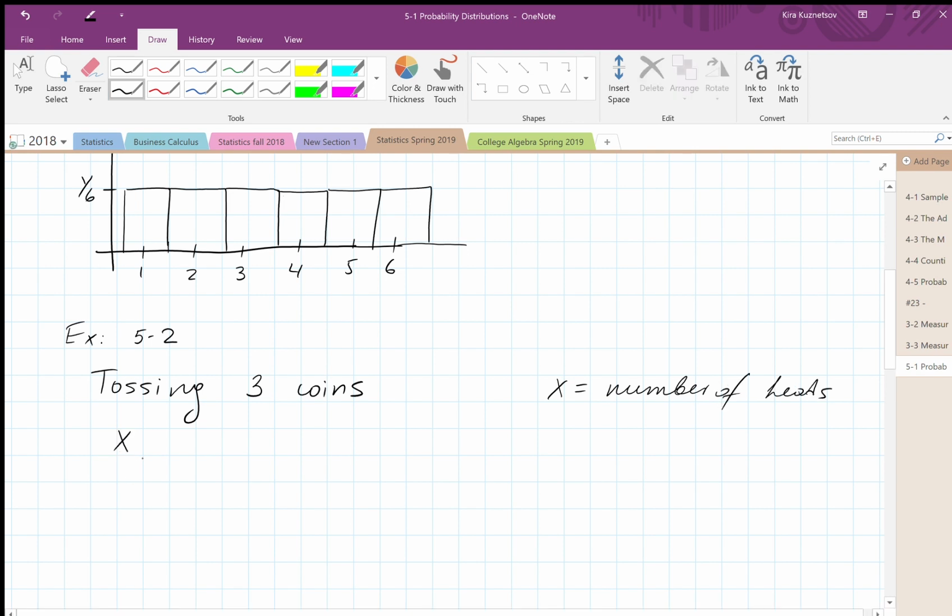So my x, the outcome, is how many heads will I get when I toss 3 coins? Well, is it possible to get all 3 tails? Yes, so 0 heads. The probability of that event happening is actually 1/8.